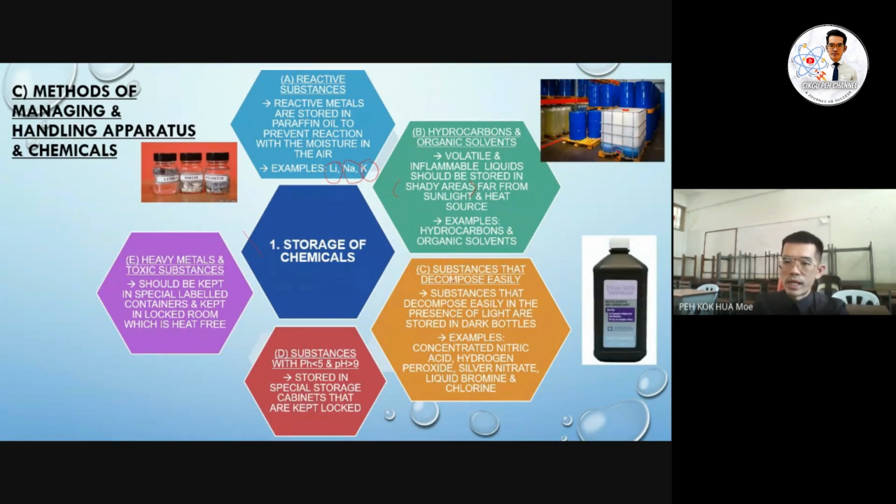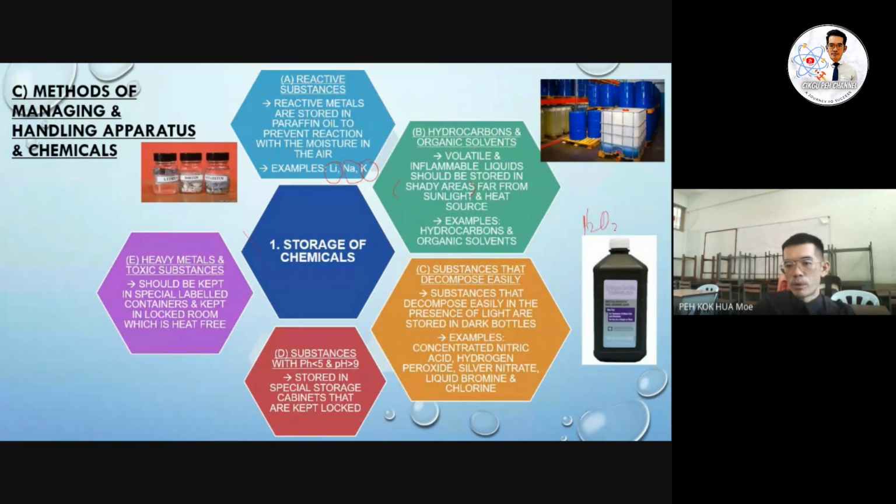And C is regarding substances that decompose easily. The figure here represents hydrogen peroxide, H2O2. Examples of this type of chemical are concentrated nitric acid, hydrogen peroxide, silver nitrate, liquid bromine, and chlorine.